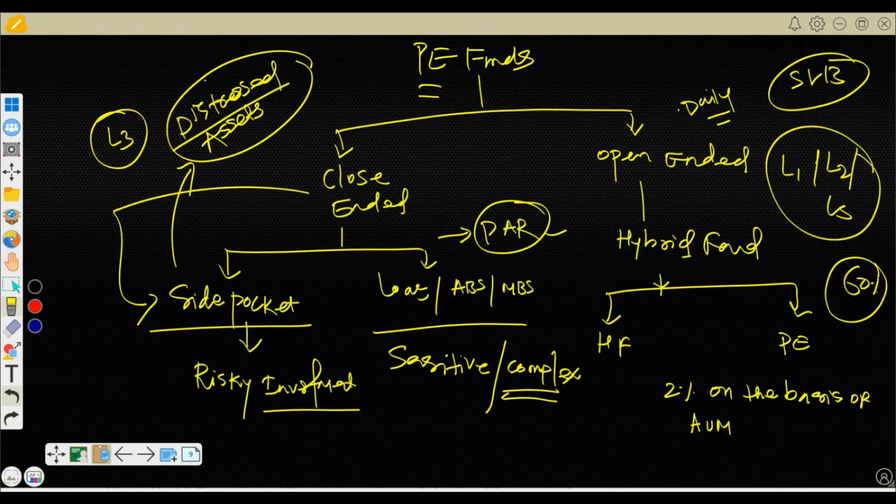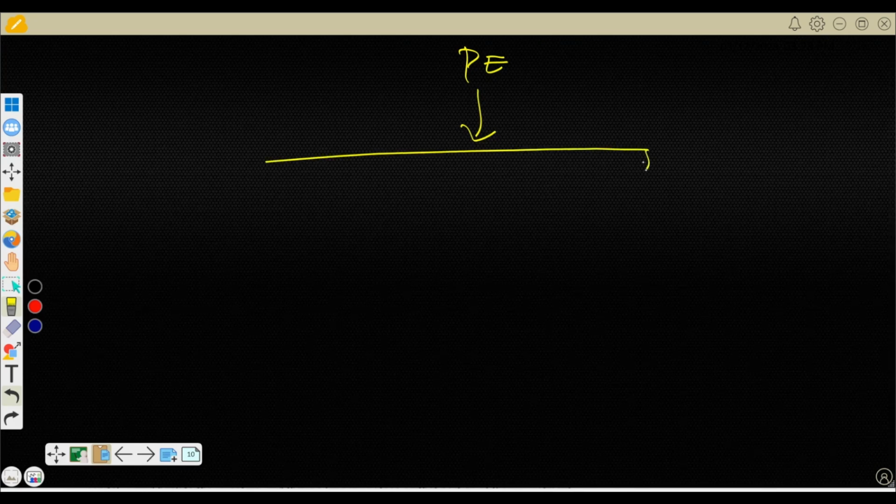And that's the reason you cannot maintain the side pocket investment and normal investment together. So it means the same fund will have to, if I take the example of any private equity fund or even a hedge fund, they maintain it. That depends on the theme, how they want.